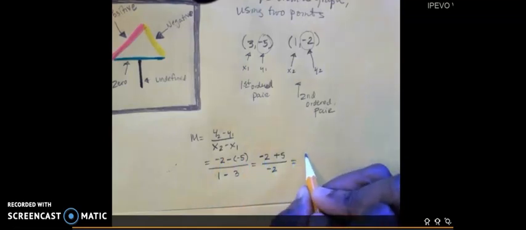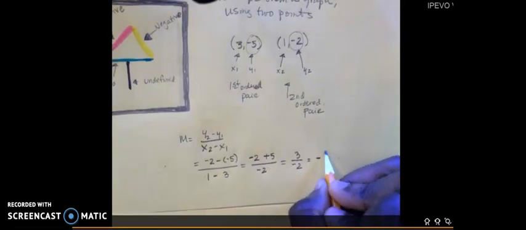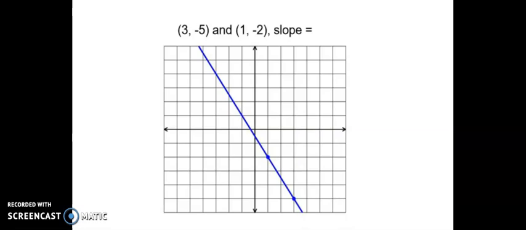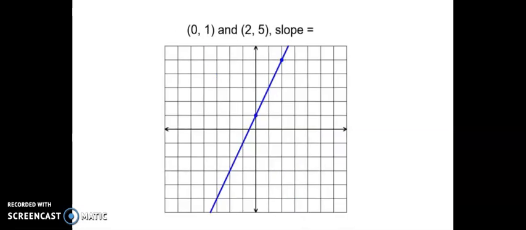So negative 2 plus 5 is going to be 3 over negative 2. So the entire fraction now becomes negative. That's my slope, negative 3 halves. Okay, so now I want to switch back over to my original sheet. I'm going to show you another one.